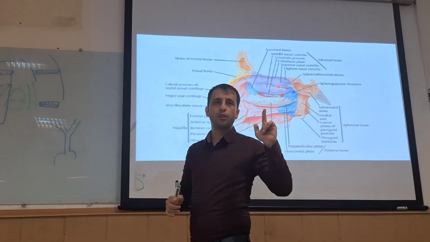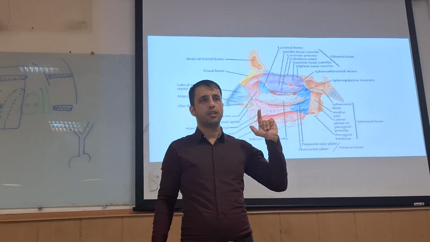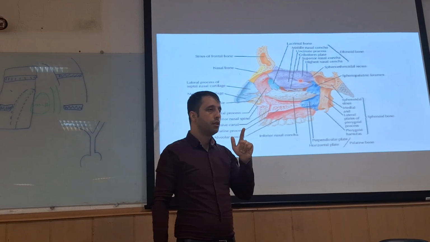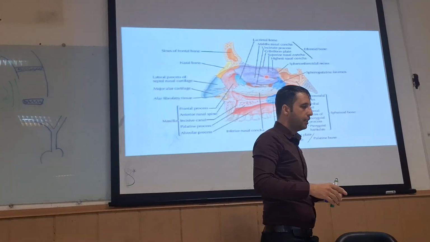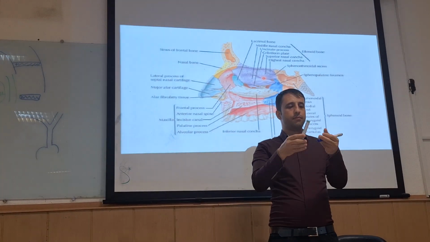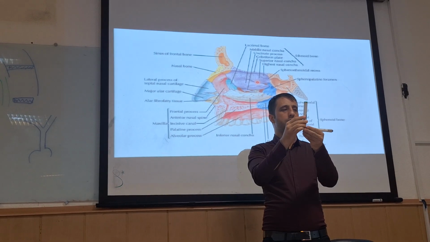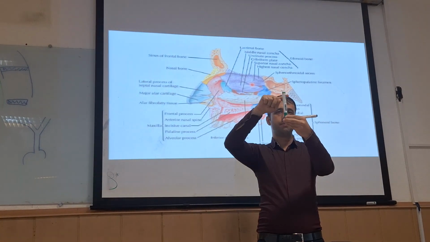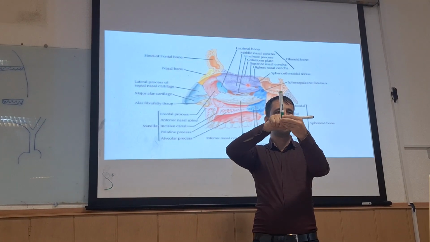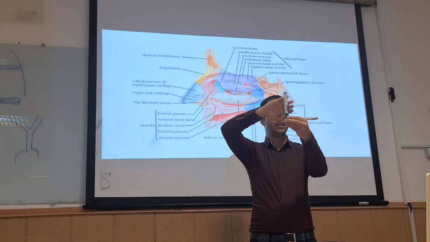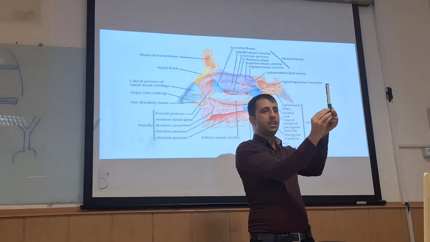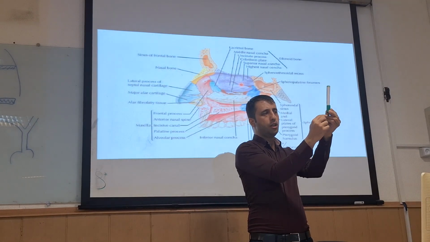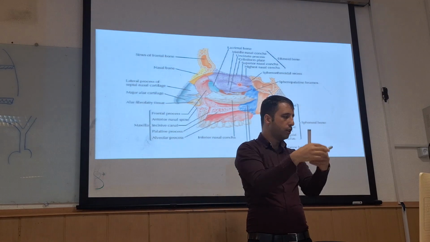The third process of the palatine bone is the pyramidal process. The pyramidal process is located at the posterior side of the perpendicular plate and horizontal plate. It is posterior to the horizontal and perpendicular plates. Here we have the pyramidal process.